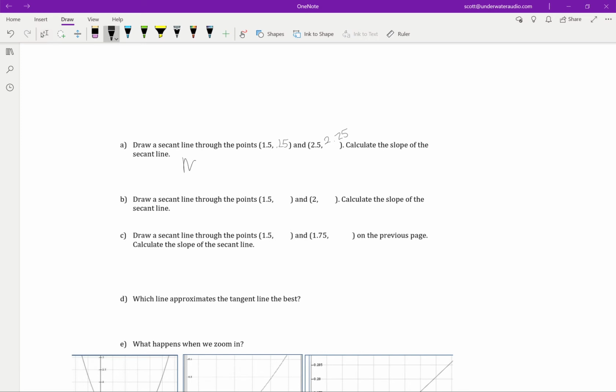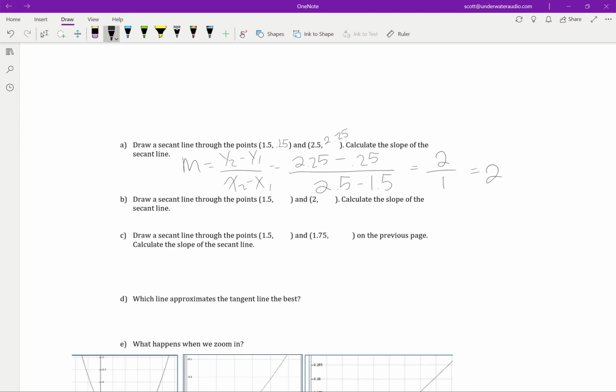So m is going to equal y2 minus y1 over x2 minus x1, which would be 2.25 minus 0.25, that makes for easy math, and then 2.5 minus 1.5. 2.25 minus 0.25, that's just a 2. And 2.5 minus 1.5, that's just a 1.